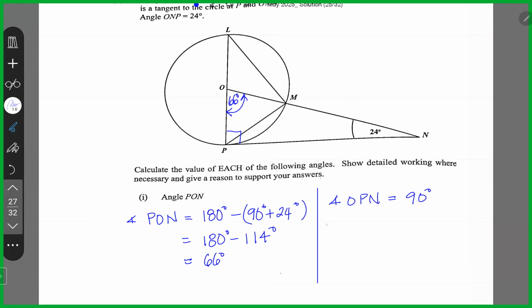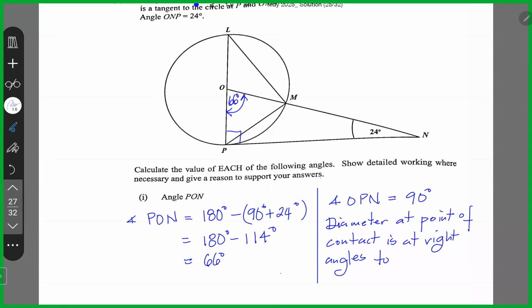The diameter at point of contact is at right angles to the tangent.